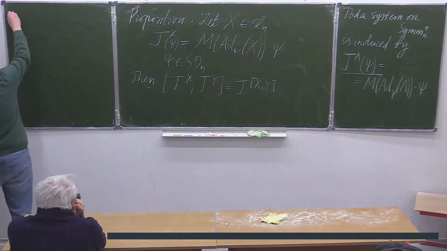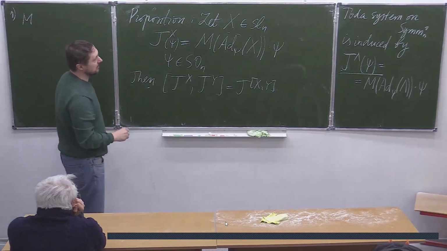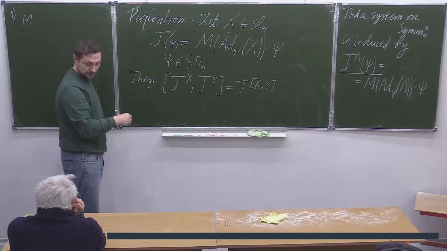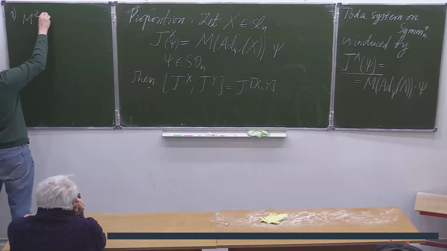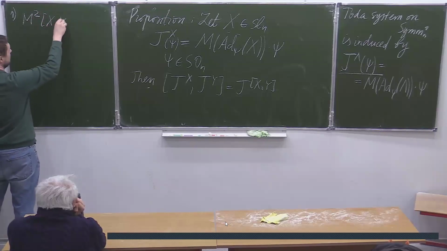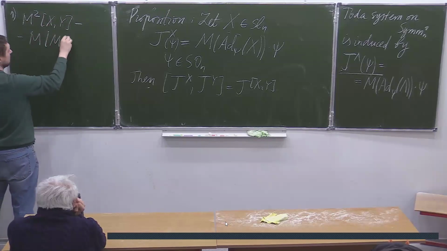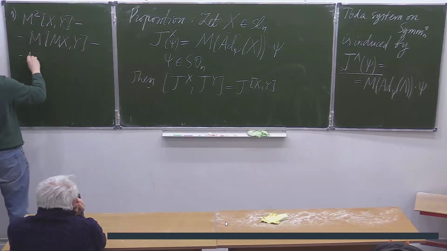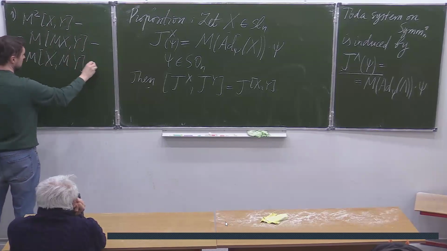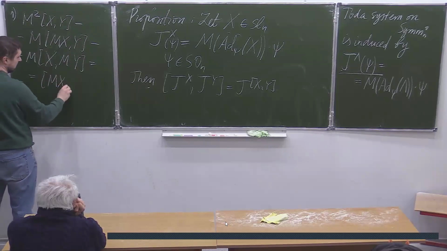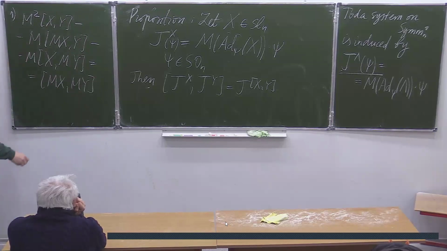First formula. Since M is a projection onto a Lie subalgebra with respect to another Lie subalgebra, M verifies the so-called Nekhoroshev condition: M squared of the commutator of X and Y minus M of the commutator of X and M of Y, minus the commutator of M of X and Y, is equal to the commutator of M of X and M of Y. That's the first condition.